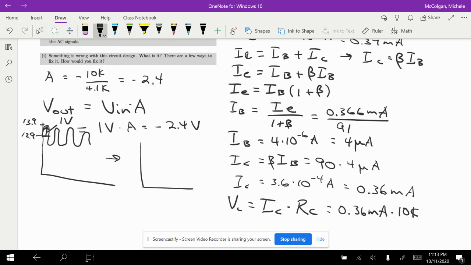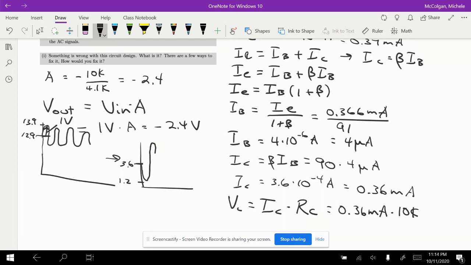So we've dropped our bias down to 3.6, and our new amplitude is 2.4, so it's 2.4 times 1 volt. So this is going to be at 1.2 volts. So I'm going to have something that looks like this, right?